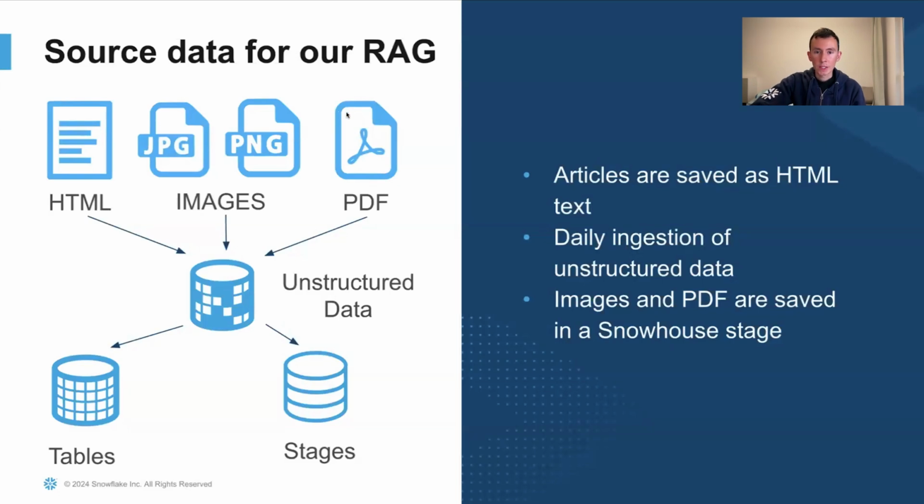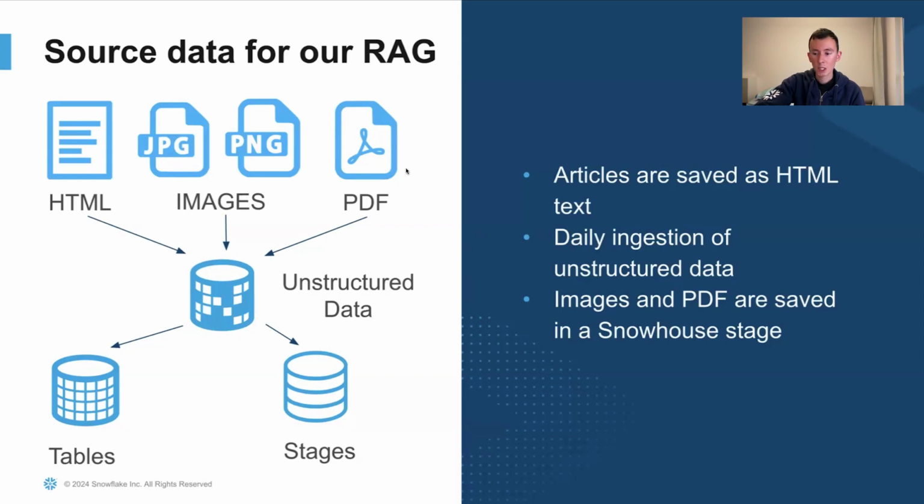So yes, the web pages are saved as HTML, and we have a daily process that ingests all the articles from our internal websites and processes all the unstructured data, and then they are stored in Snowflake tables or Snowflake stages.